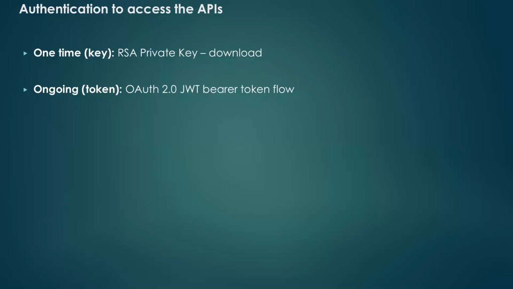That key you keep forever, but the token will have an expiration time that you can set when you create it. There is a max value that it'll take, so you will have to update this. You can't just create it one time. It's a JWT, a JSON Web Token flow, that lets you create this OAuth token, and you'll use the key that you downloaded to sign that token.